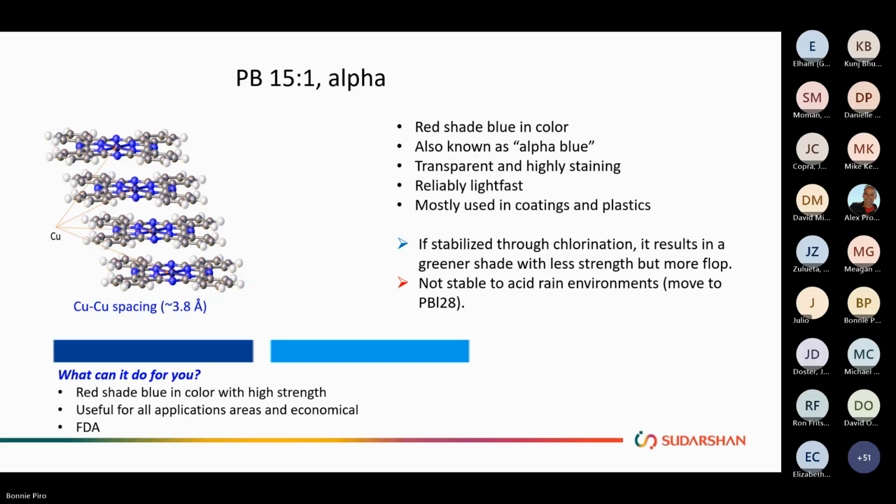It should be noted that all of the CPC blues don't perform well in environments that have high acid rain concentrations. So if that's an area where you might need to formulate a little differently than a straight phthalo blue, I'll have some examples for that a little later.